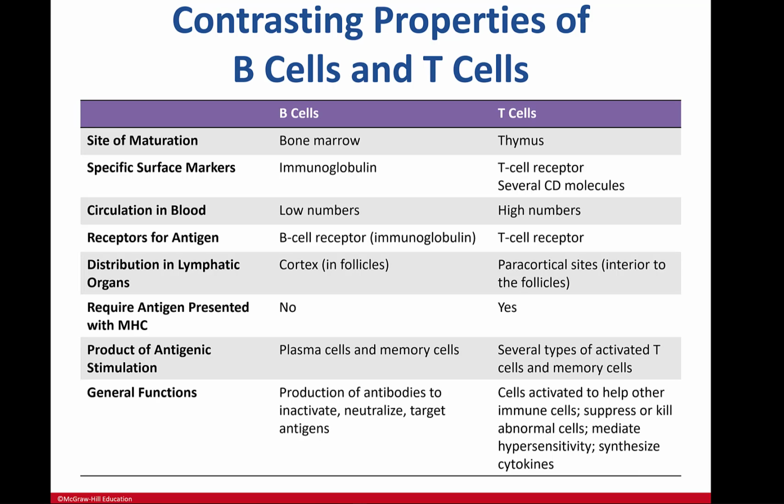Let's start off. B cell, of course, bone marrow. T cell, thymus. Specific surface markers, immunoglobulins. The T cells have T cell receptors with the differentiation type proteins on the surface, the CD molecules. They circulate in blood, the B cells in low numbers, the T cells in high numbers.